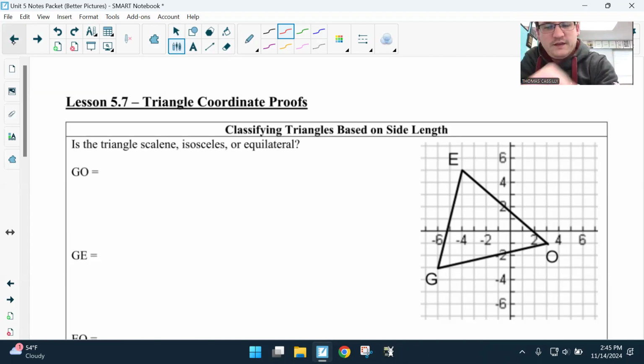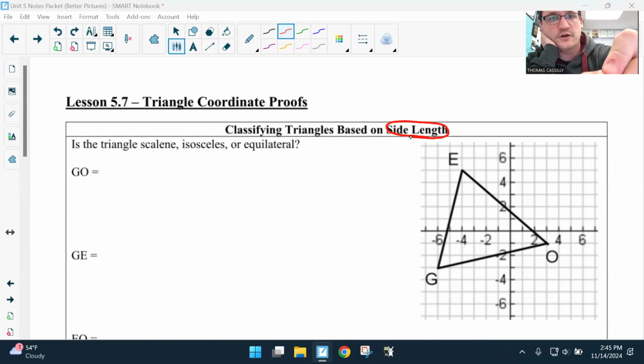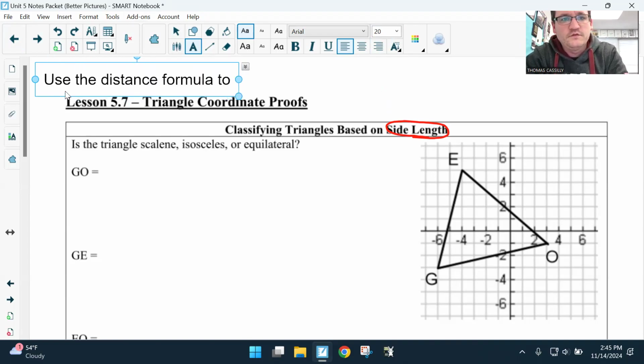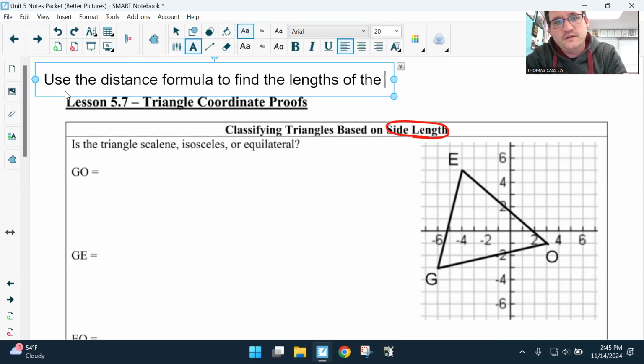Here's the key word, the side length. How can I tell how long two things are? Use the distance formula. I don't want to write all that down, so up here I'm just going to say, in size 20 font, use the distance formula to find the lengths of the sides of the triangle.